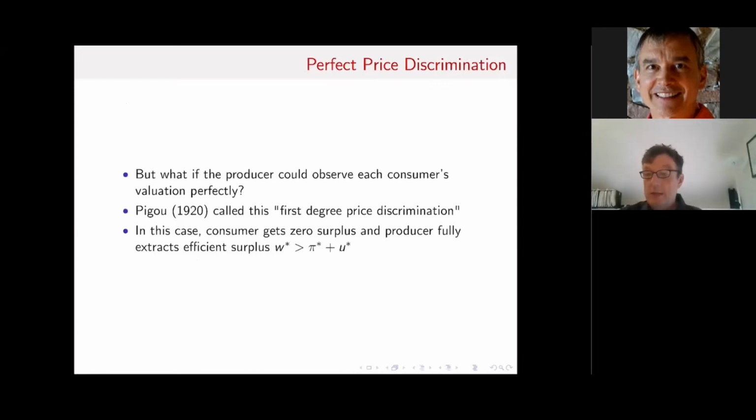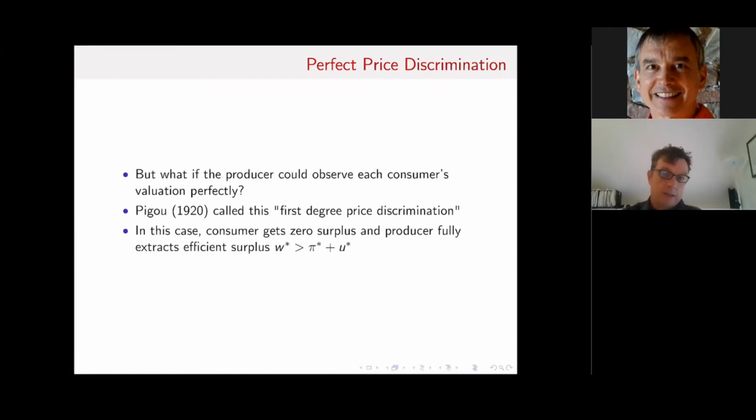Now, that is just one outcome that is supported if we have zero information. On the other hand, we could ask, what if the producer could in fact observe each individual consumer's valuation perfectly? Pigou in the 1920s called this first-degree price discrimination, or often it is referred to as perfect price discrimination.